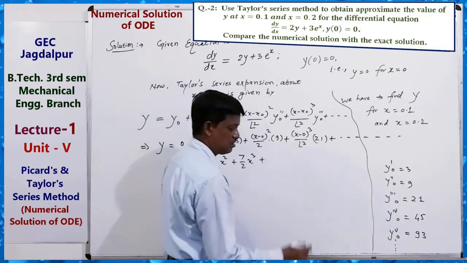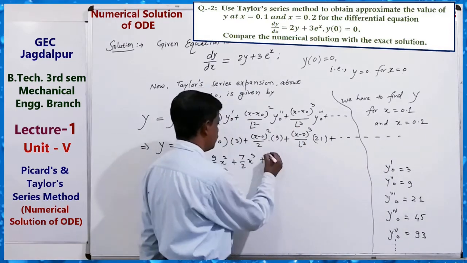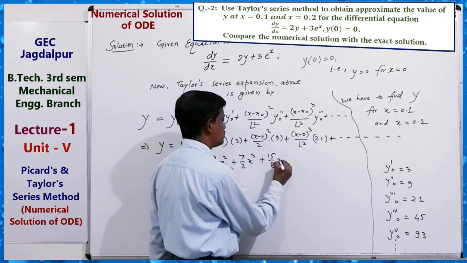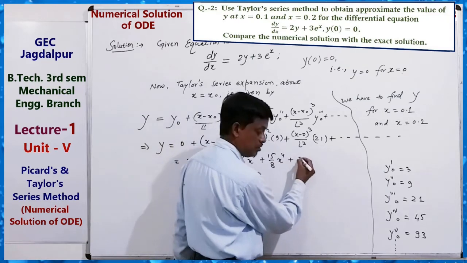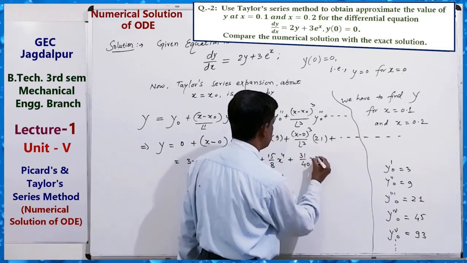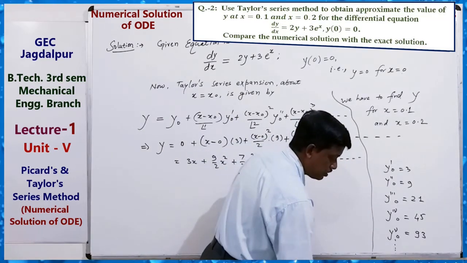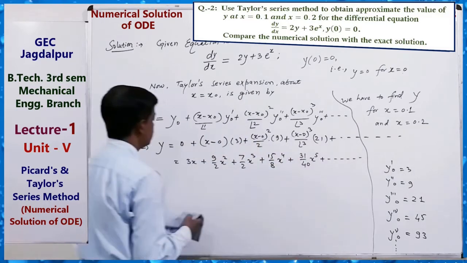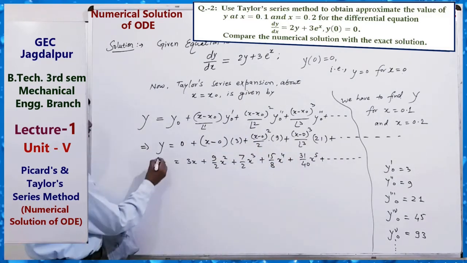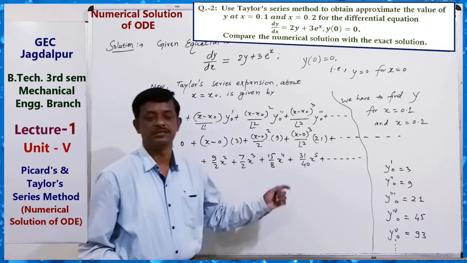Similarly, write 15 by 8 x to the power 4, also 31 by 40 x power 5, and so on. Clear? So this is the Taylor series, the required series.